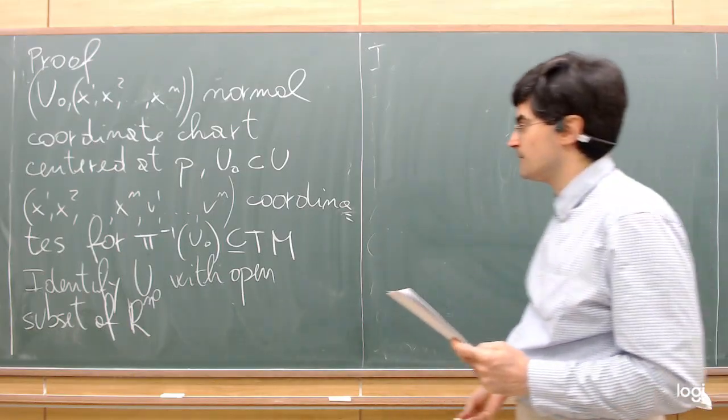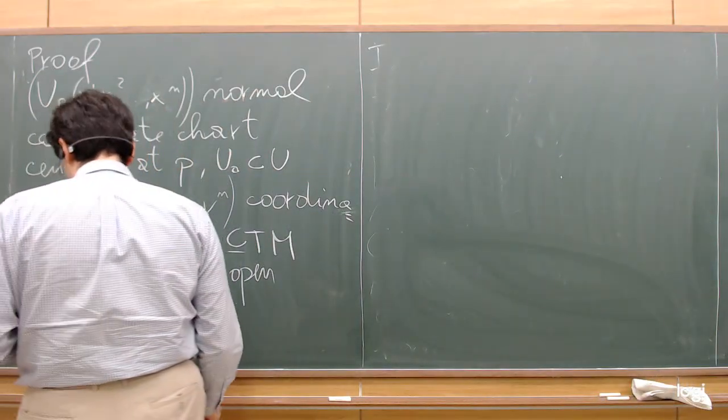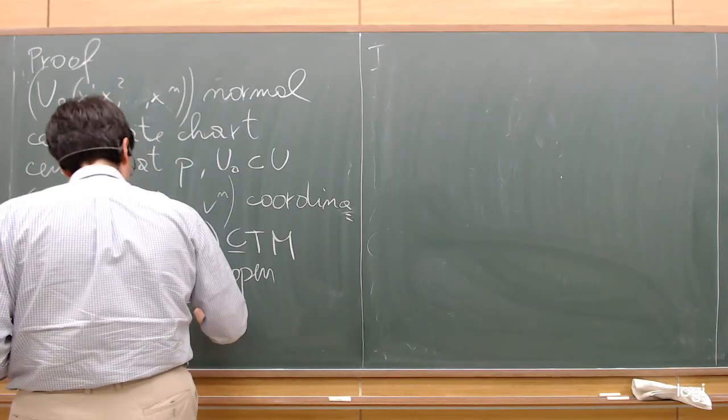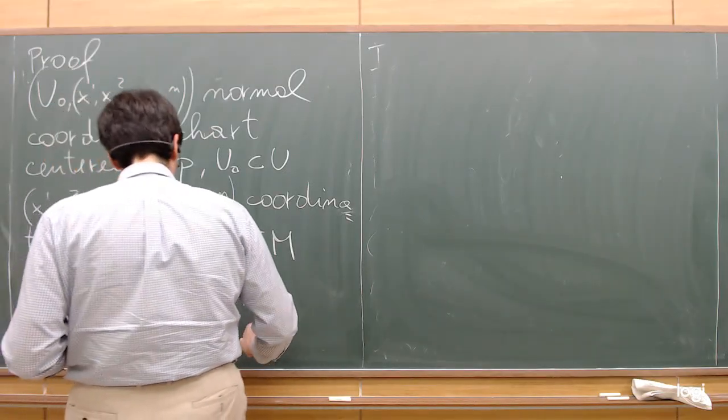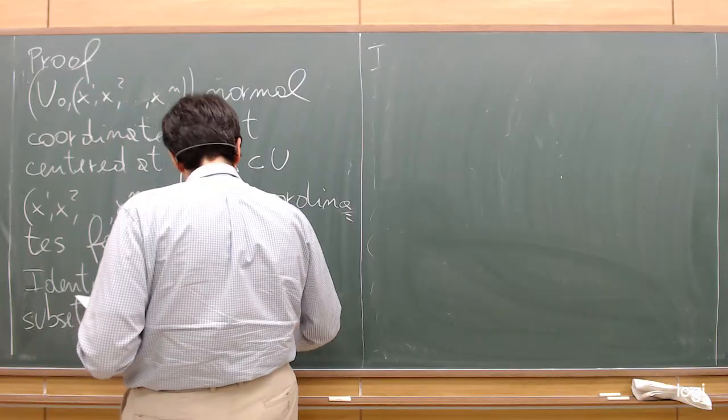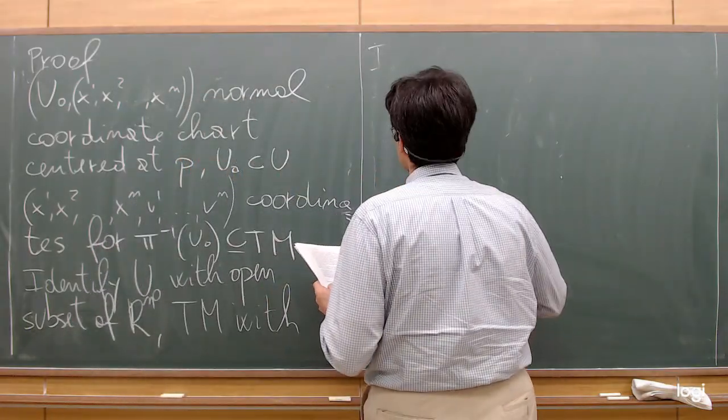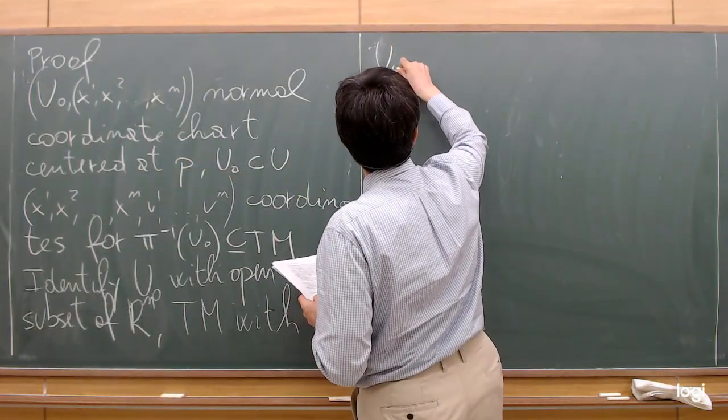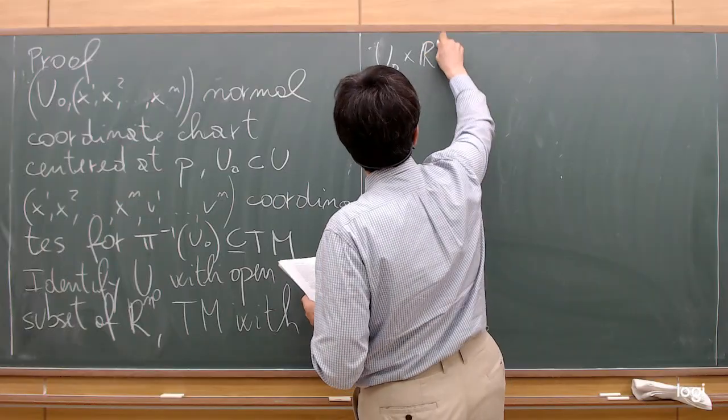And we can identify TM with the product U0 times R^n.